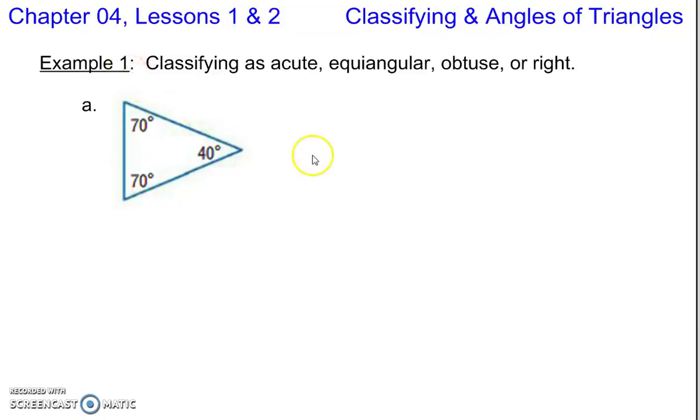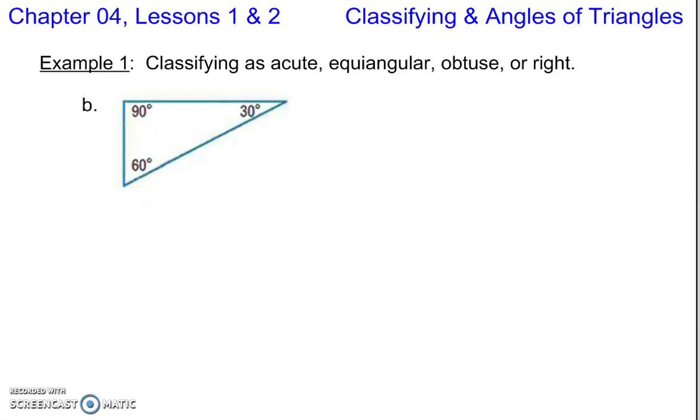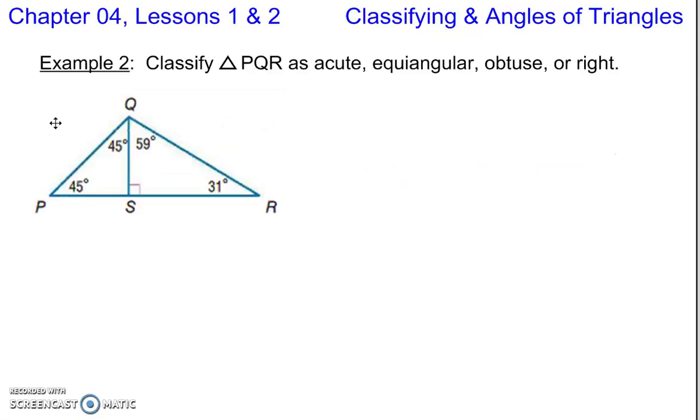So, we classify this as acute, equiangular, obtuse, or right. It has three acute angles, and they are not all equal, so it is acute. What about this one? There is one right angle, so this is a right triangle.